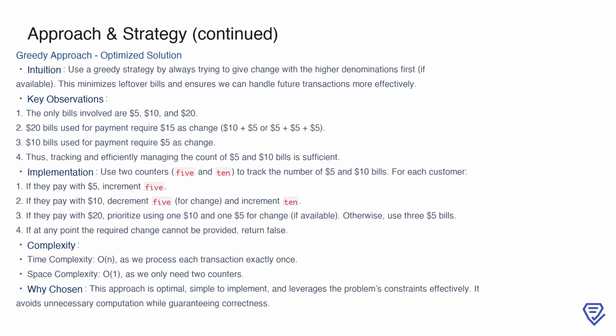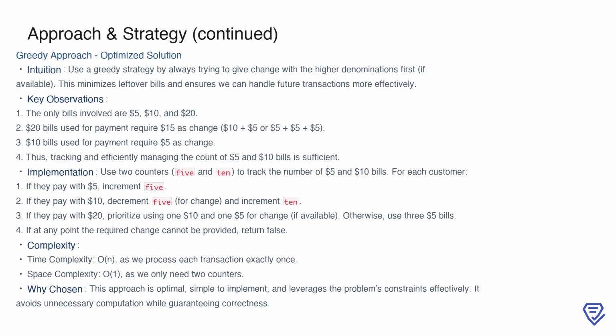To implement this strategy, we use two counters, 5 and 10, to track the number of $5 and $10 bills we have. For every customer, if they pay with $5, we simply increment the 5 counter. If they pay with $10, we decrement 5 to give $5 as change and increment 10. For a $20 bill, we prioritize using one $10 and one $5 if possible, or three $5 bills if not.